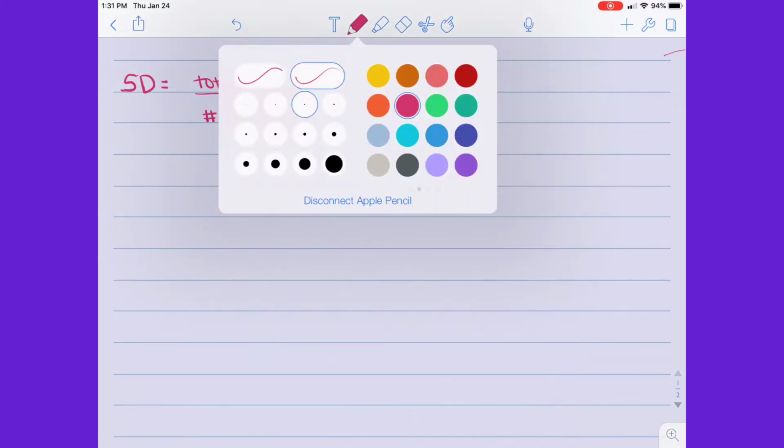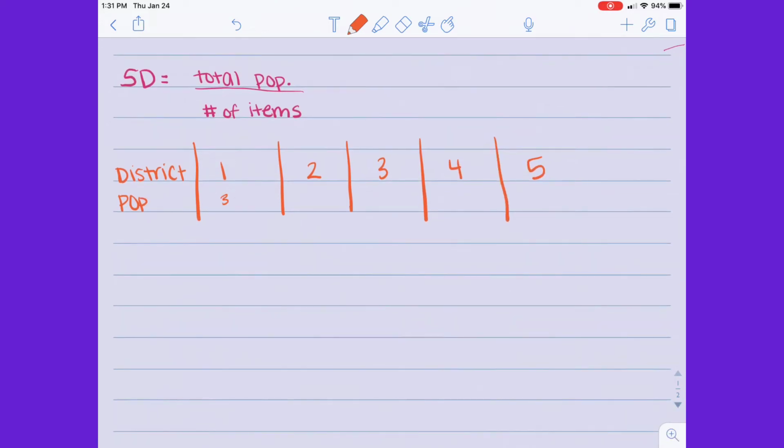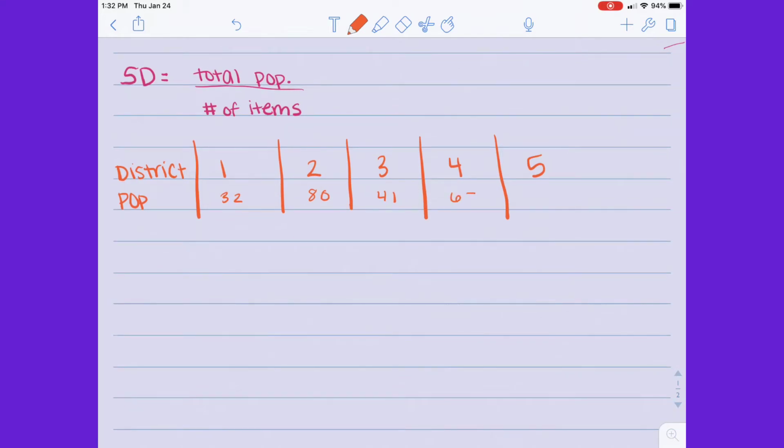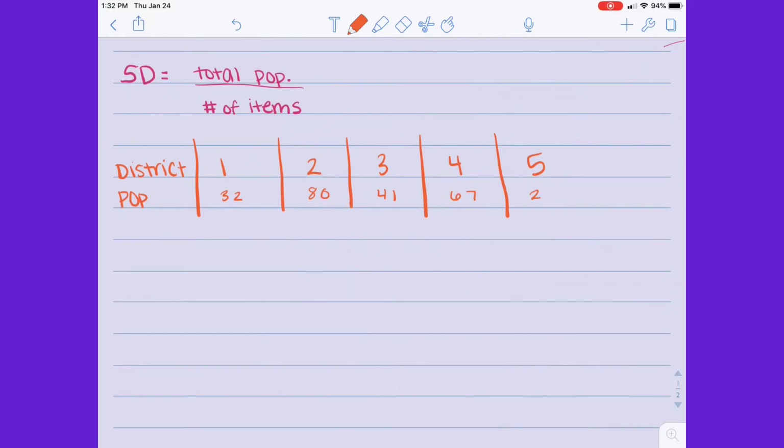All right, so we're going to do an example together. In this example, I'm going to have districts and their respective population. We're going to have District 1, District 2, District 3, District 4, and District 5. Let's say that District 1 has 32 people, District 2 has 80, District 3 has 41, District 4 has 67, and District 5 has 20.